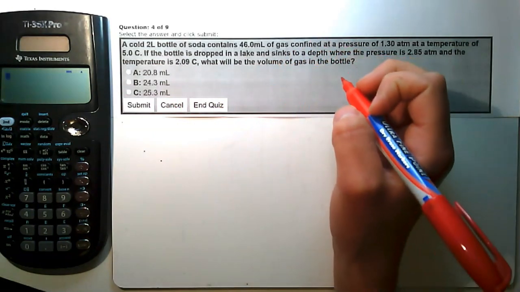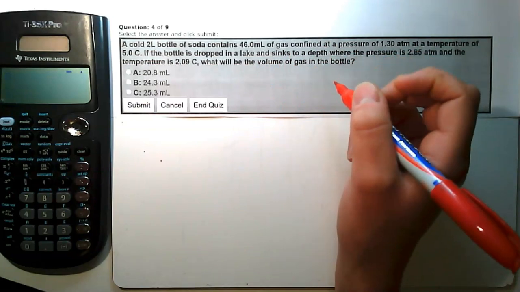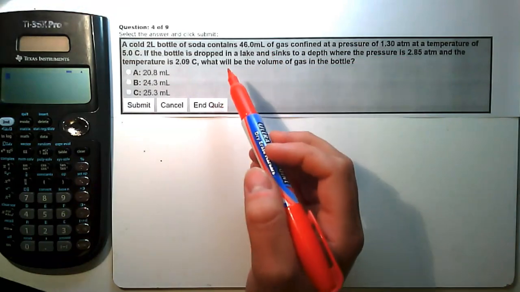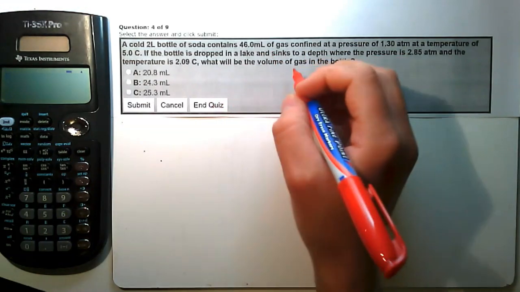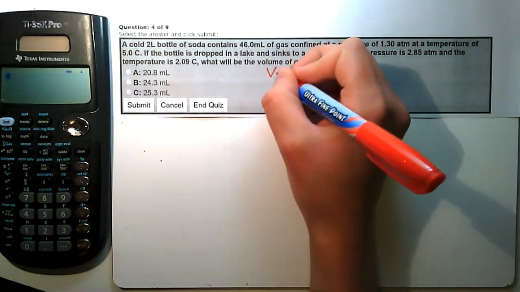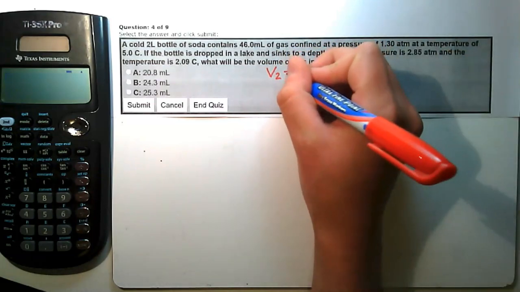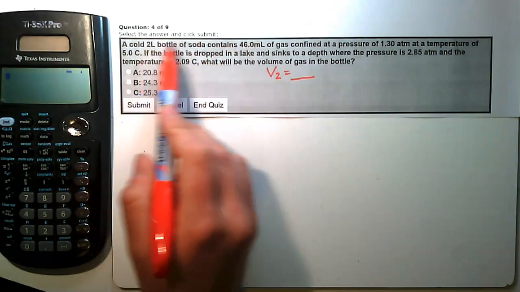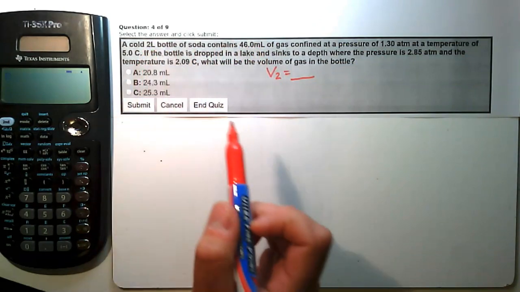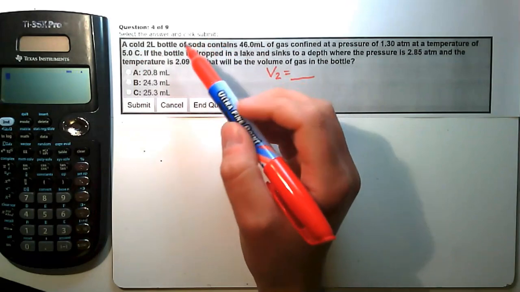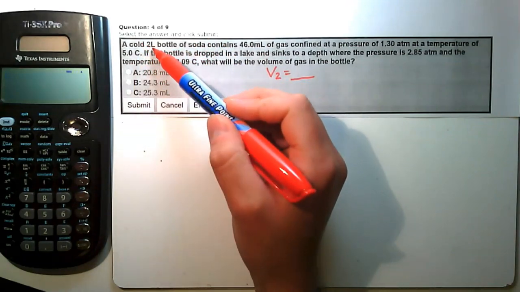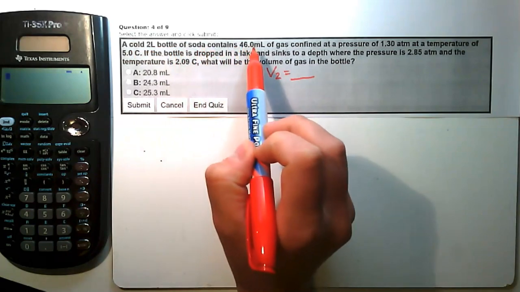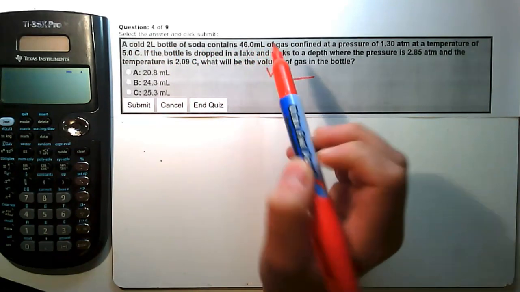Okay, so in this problem we have some extra information that is kind of confusing that we don't need. So let's start with what we're asked for. It says what will be the volume? So we're looking for our V2 value, our new volume. V2 equals something. But we need to decide which of these volumes is our initial volume. Well, even though the bottle is 2 liters large, it only contains 46 milliliters of gas.